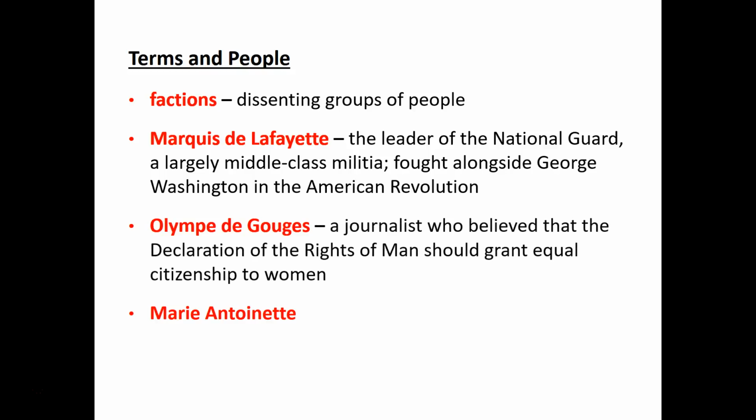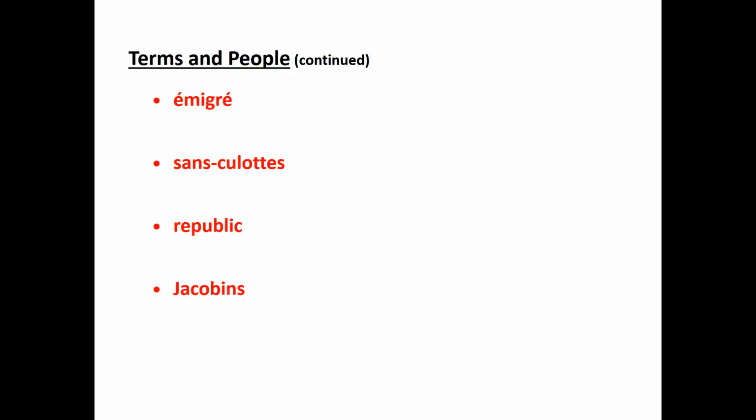Olympe de Gouges, a journalist who liked the idea of the Declaration of the Rights of Man, but felt that it should extend to equal citizenship for women. Marie Antoinette, the wife of Louis XVI, Austrian-born queen, certainly not the favorite of the Paris citizenry.